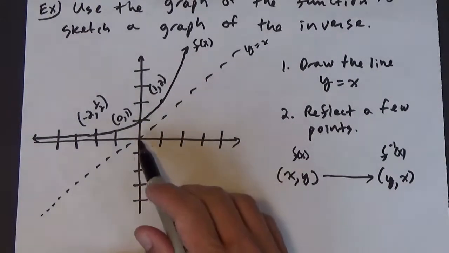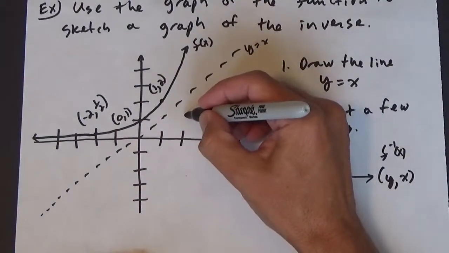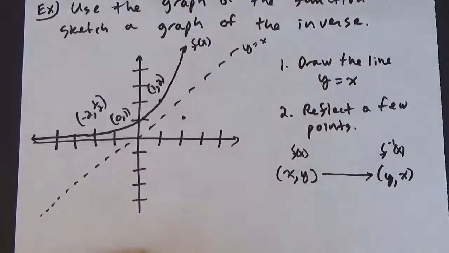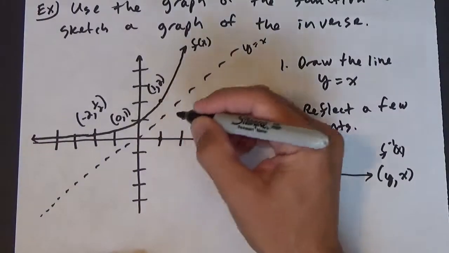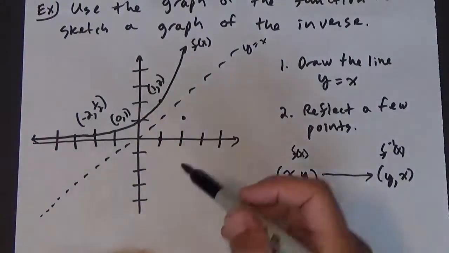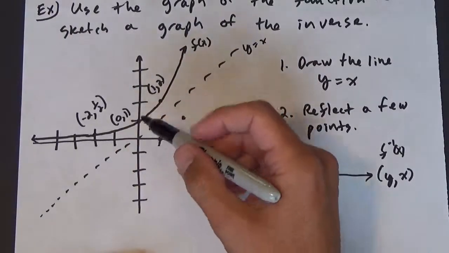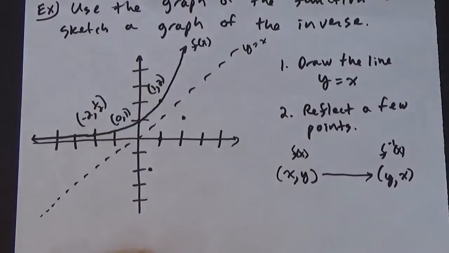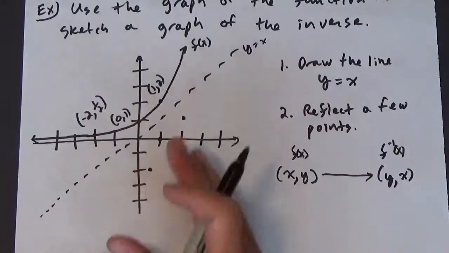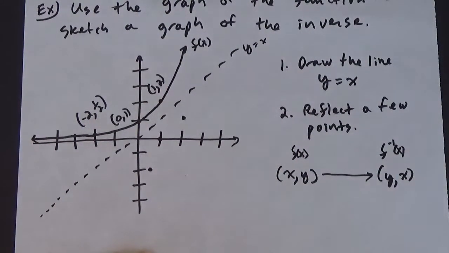When we switch them, it becomes 2, 1. If we have the point 0, 1, then we have 1, 0. And if we have the point -2, 1/2, we have the point 1/2, -2. So we were able to reflect all those points.